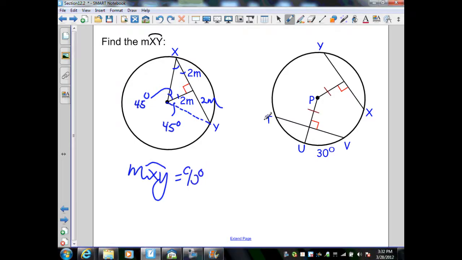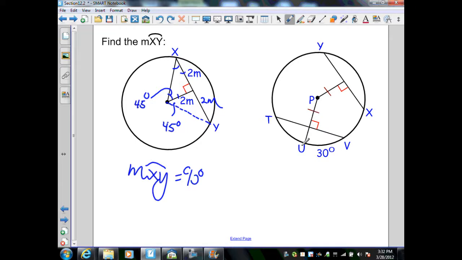In this diagram, I'm given that chord TV and XY are equidistant from the center of the circle. Therefore, these two chords are congruent. And in a circle, when two chords are congruent, their intercepted arcs are congruent. Therefore, arc TV and XY are congruent. Radius PU is perpendicular to chord TV.